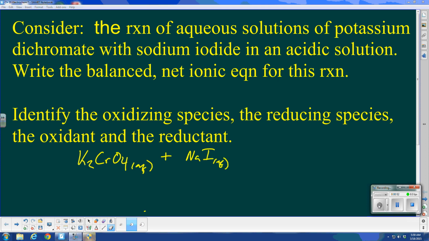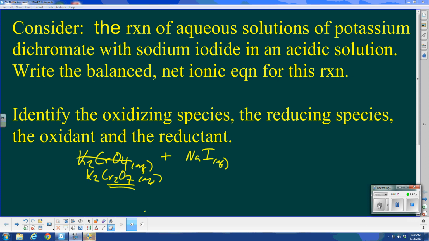And you know what? I'm not sure what's going to happen here. We do have an idea. Whenever I see dichromate, I think redox because dichromate is a very strong oxidizer.